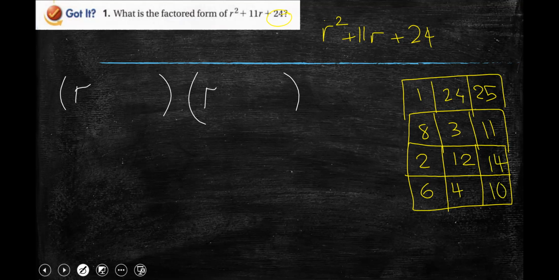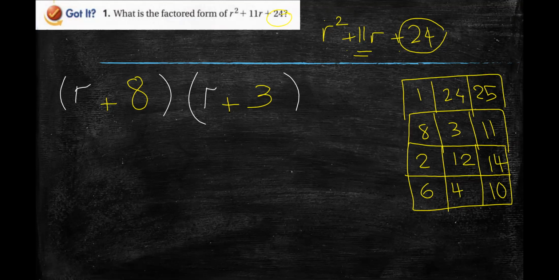I want you to give me one pair of numbers that if you multiply them, you get 24, and if you add them, you get 11. What are these two numbers? 8 and 3. Then after that, since we have here a plus sign and a plus, I have to put here plus plus. Because if you multiply these two pluses, I get the plus, and if you add them also, you will get the plus.